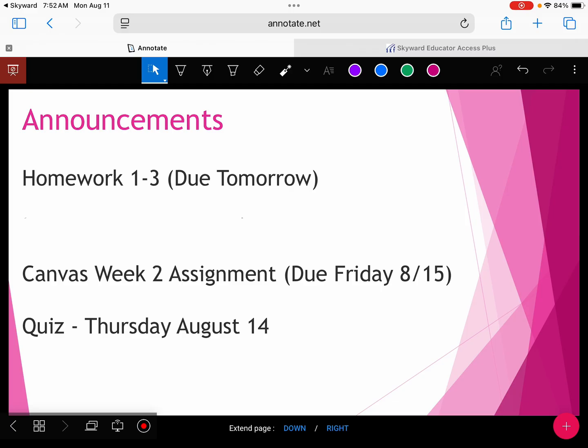Whenever I'm passing you stuff back, please make sure you check that it is in your Skyward gradebook, because I need to know. I will also get the answer keys posted for this, so don't just throw it away, because I don't check every single question. I'm going to get the answer keys posted as soon as I finish passing stuff back. Actually, I'll probably post those first, and then pass back.